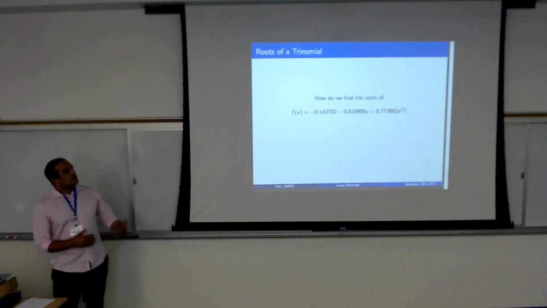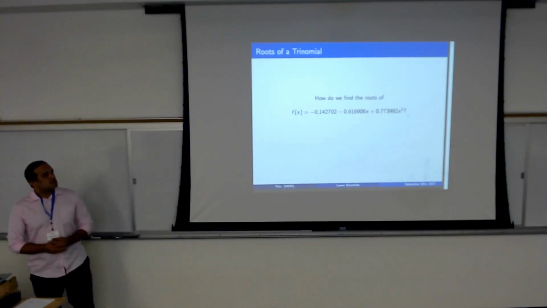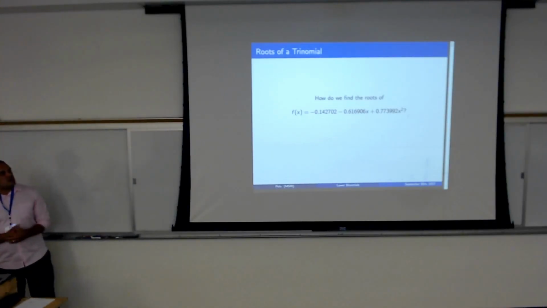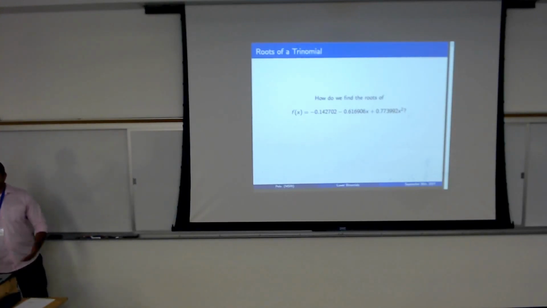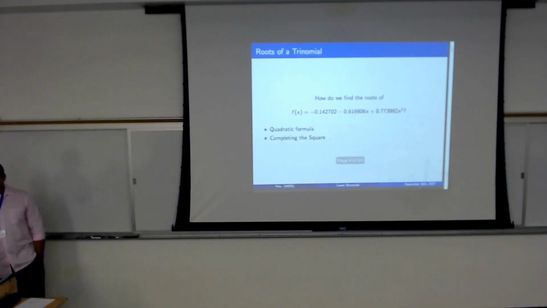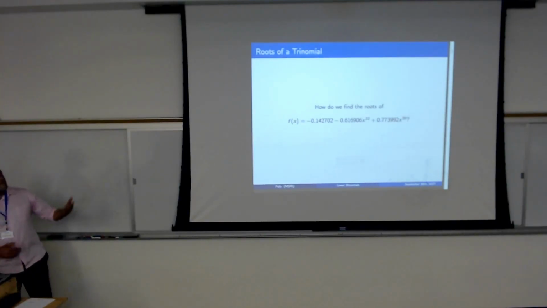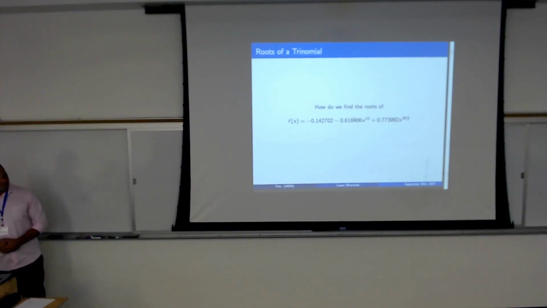Suppose that we have the following trinomial and we try to solve for its roots. We know that for polynomials of degree 2 all the way up to degree 4, we have different tools and techniques that can help us solve this kind of problem. We can use the quadratic formula, we can complete the square, but it's easy to run into trouble with trinomials like this one.